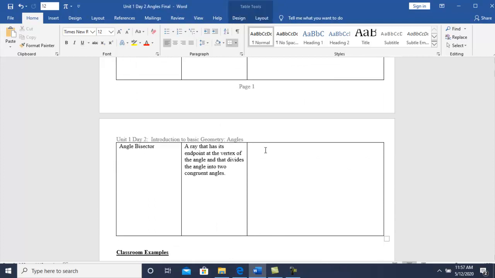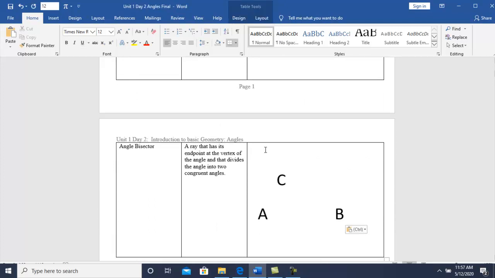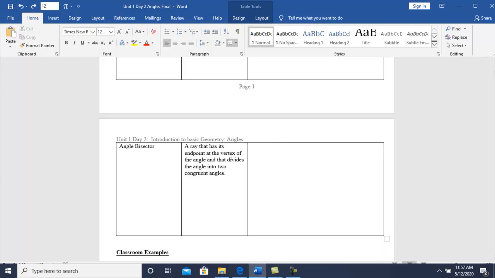So let's suppose we have an angle. Okay, so what is an angle bisector? When you have a ray that has its endpoint at the vertex and that divides the angle into two congruent angles.